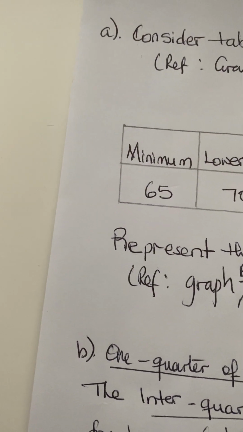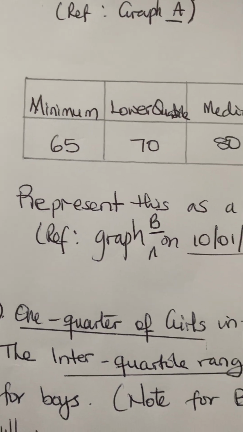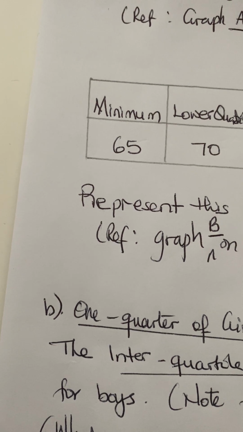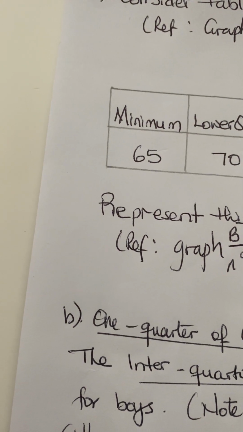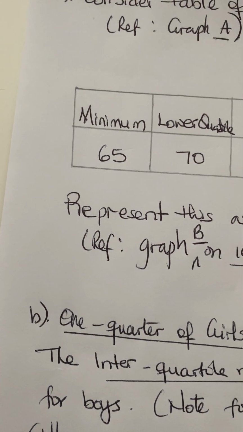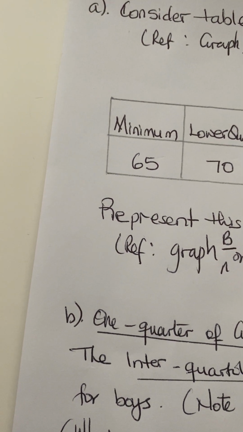Okay, so represent this as a box plot on a graph. Okay, so they have given you this and they want you to represent it as a box plot on a graph.